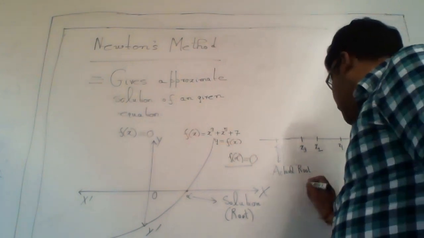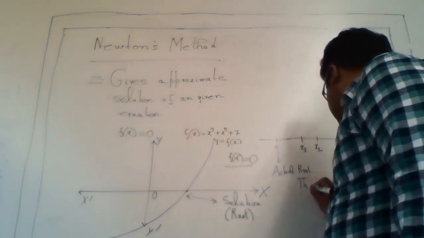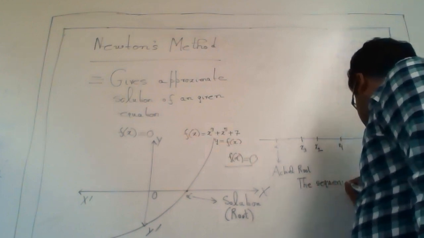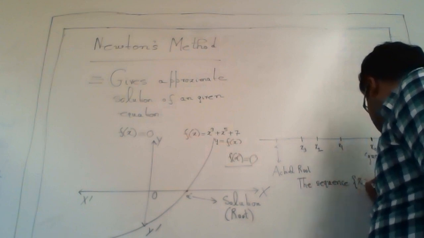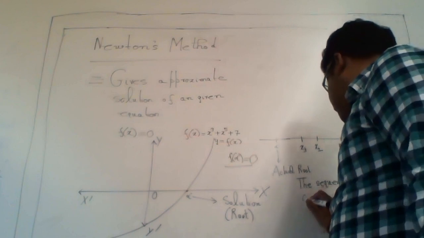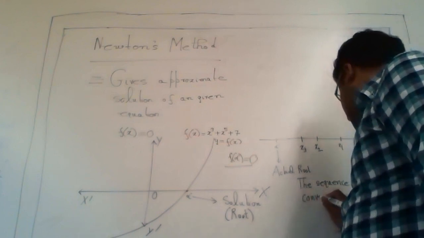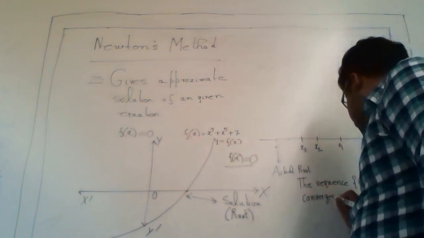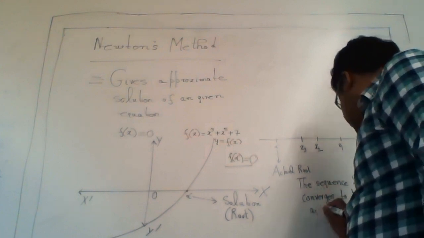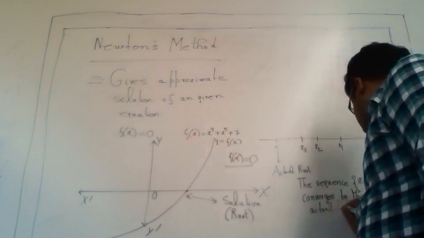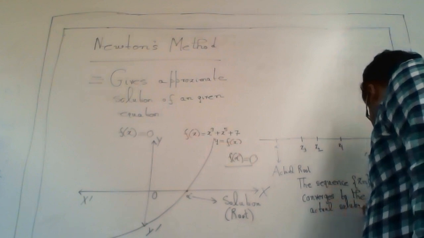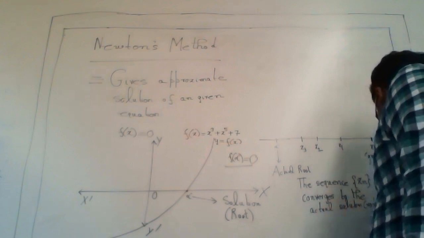So this sequence xn converges to the actual solution or root alpha.